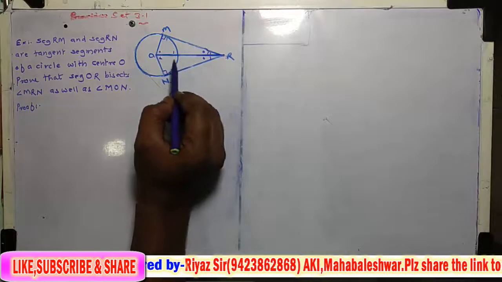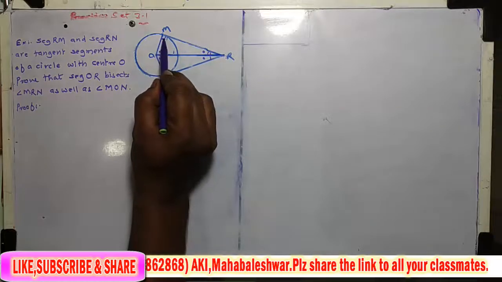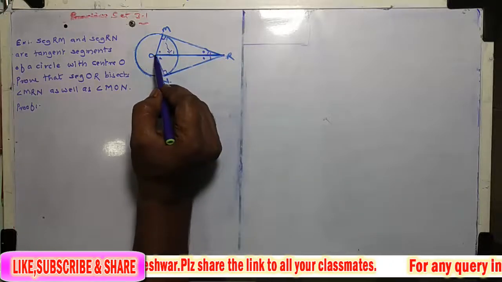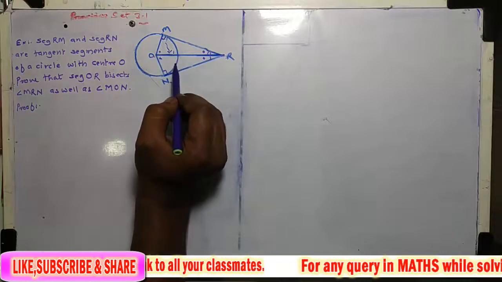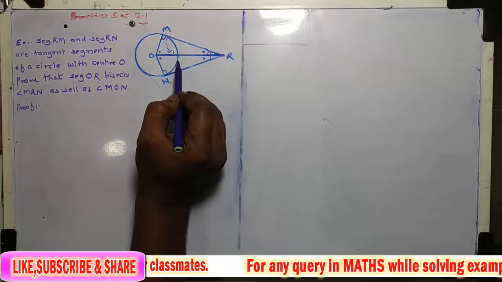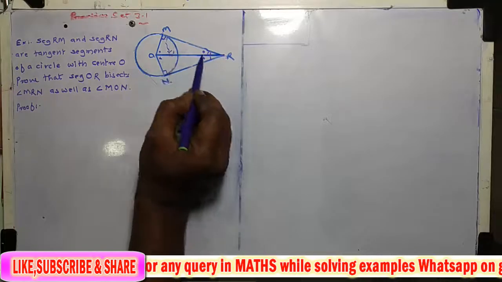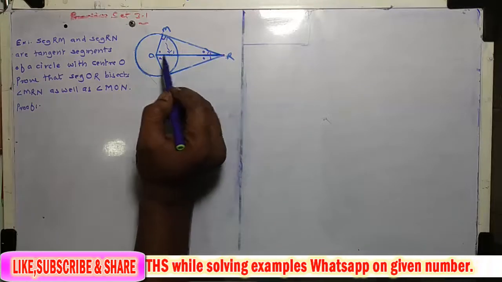Okay, and therefore this side OR is nothing but the hypotenuse, because this is right angle and opposite side of this right angle is called the hypotenuse. So here hypotenuse is congruent and one side is congruent, and therefore by hypotenuse side theorem those two triangles are congruent. And when two triangles are congruent, then their corresponding angles are congruent. Okay, in this way we can prove angle MRO is equal to angle NRO.